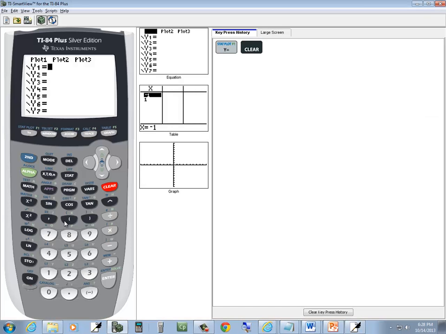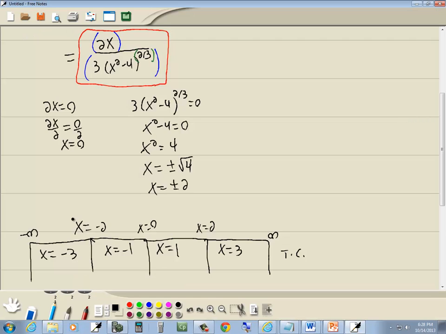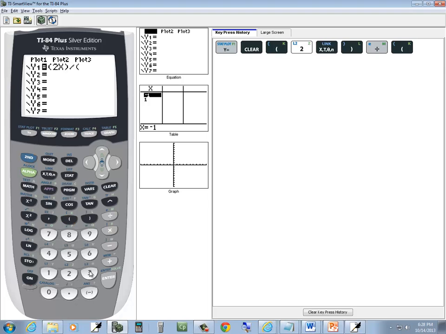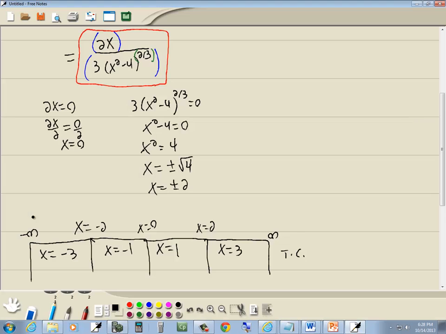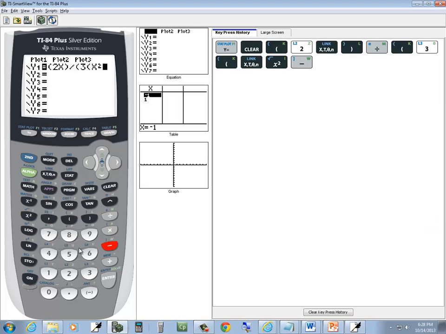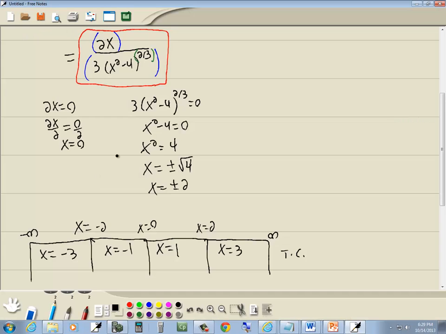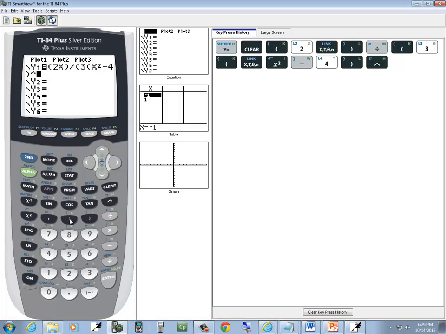Then beginning parentheses, 2x, closing parentheses, divided by beginning parentheses, 3, beginning parentheses, x squared minus 4, closing parentheses, caret, and we want the 2/3 power, so we'll put parentheses around it: beginning parentheses, 2 divided by 3. You can put a closing parentheses at the very end, but it doesn't require it.